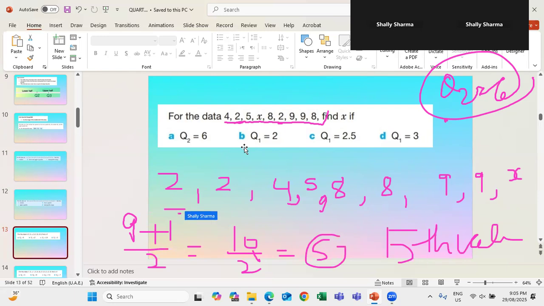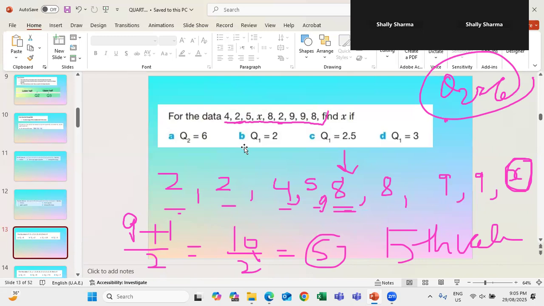Now 1, 2, 3, 4, 5. But here the fifth value is 8, whereas we should get 6. So that means the fifth value should be 6. What I can do is take that 6. 6 can come before 8, but 6 cannot come after 8.